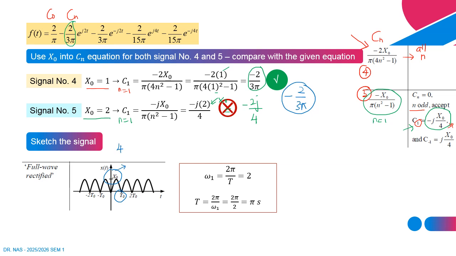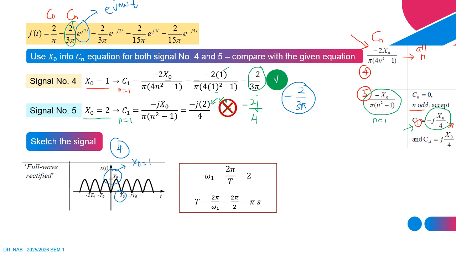We choose signal number 4 and then x0 equals 1, while the t0 you need to calculate from the omega. From this equation, this is e to the j omega t, and n in this case equals 1.